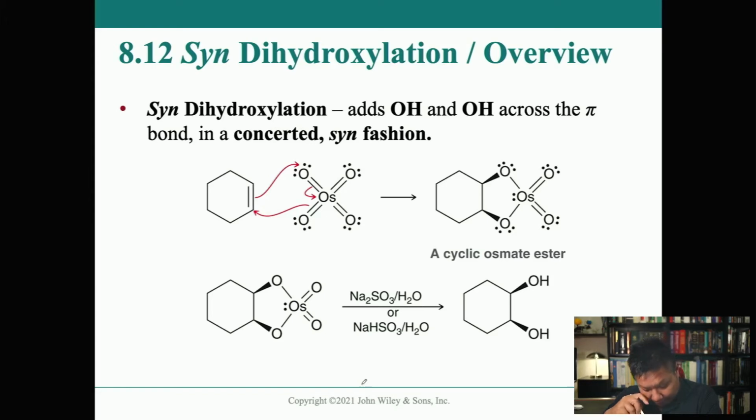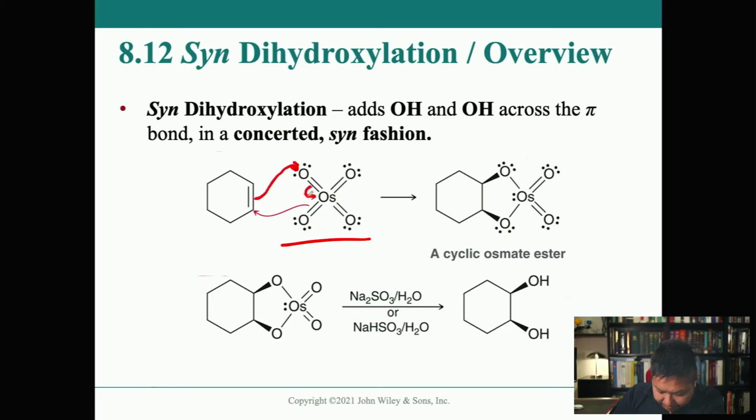Okay, so now we're going to look at syn dihydroxylation reactions. They add OHs across the double bond in a concerted syn fashion, on the same side. And here, our oxygens are coming from the osmium tetroxide reagent. Again, we can do a little nucleophilic attack here with the double bond to the oxygen.